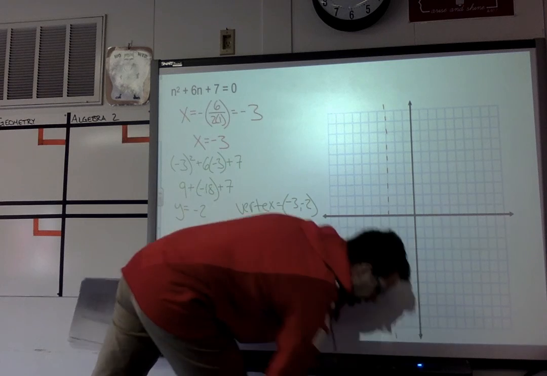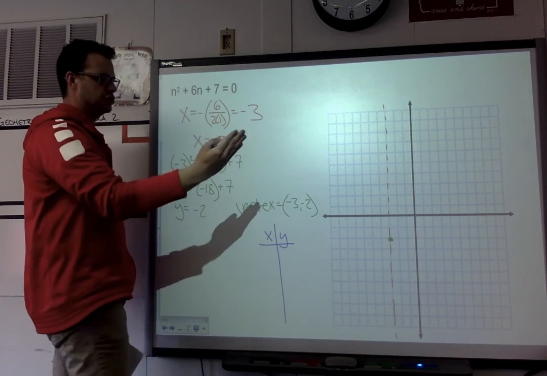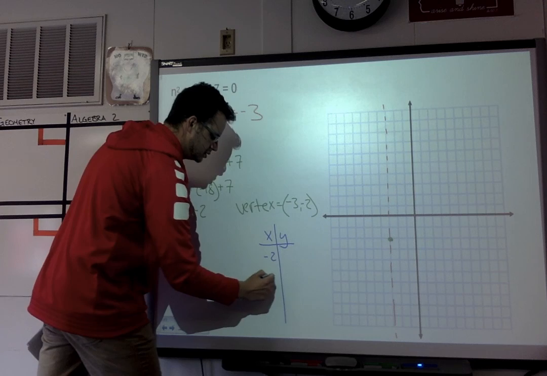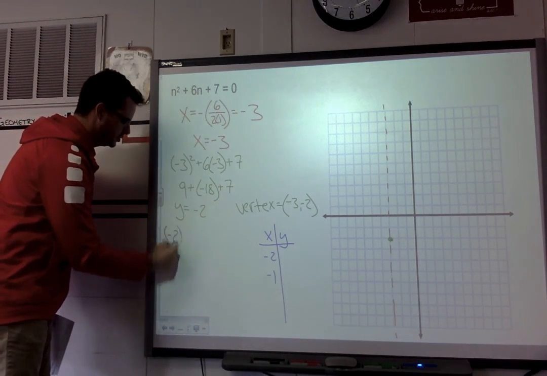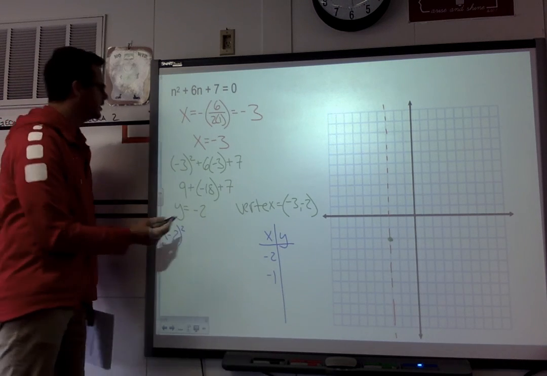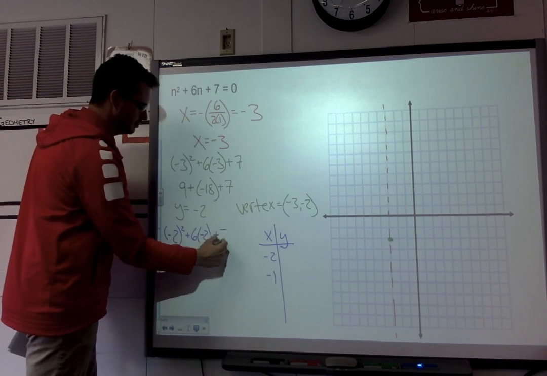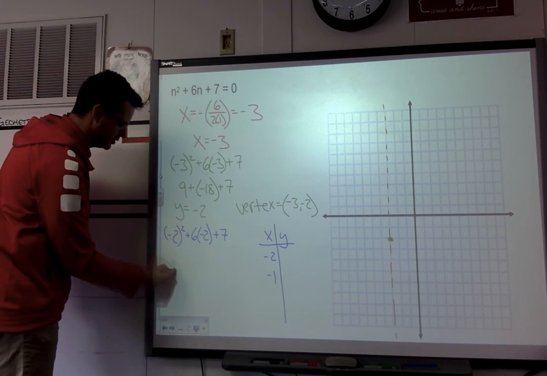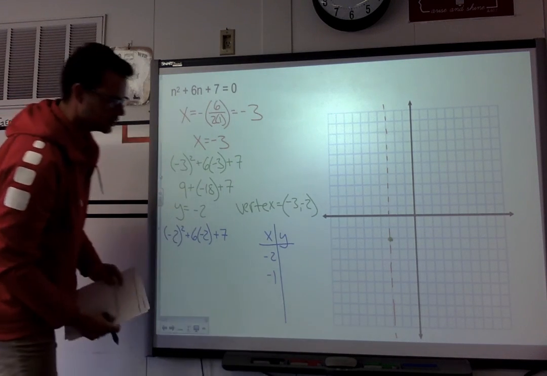So let's go ahead and set up our table. I'm going to do my 2 points to the right, so I'm going to use -2 and -1. Now, if I plug those into my original, -2 squared plus 6 times -2 plus 7. -2 squared, since it's negative times a negative, is going to give us a positive. Board stopped working again. Come on, board.